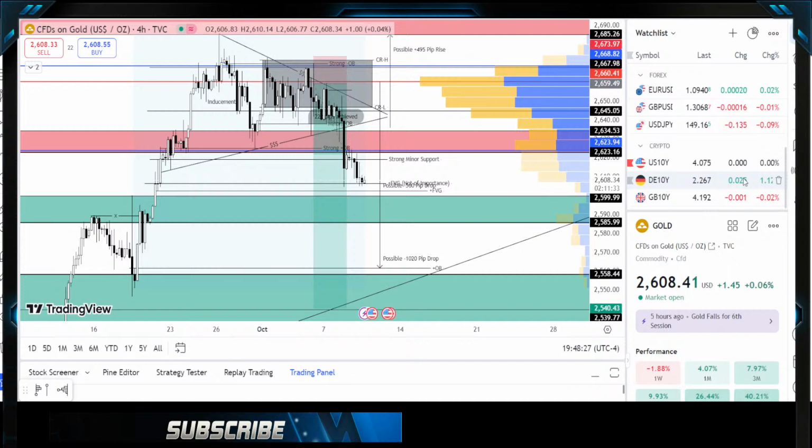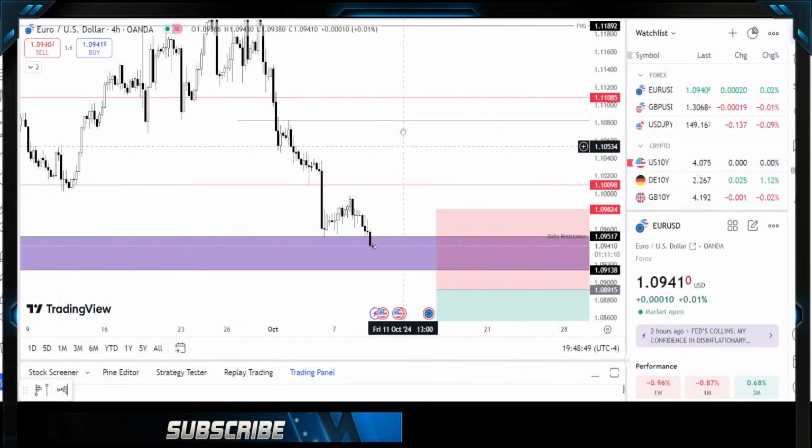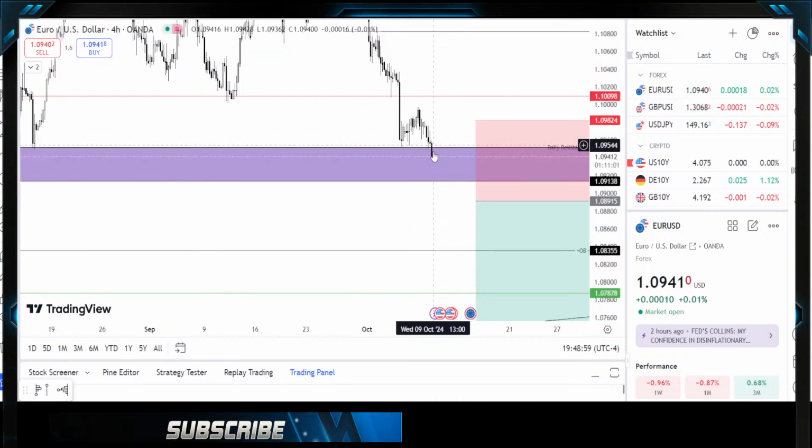For me, on Euro USD, I saw a reversal pattern forming, but I wasn't going to put it all in mind. What I'm waiting for is a daily closure below this zone.